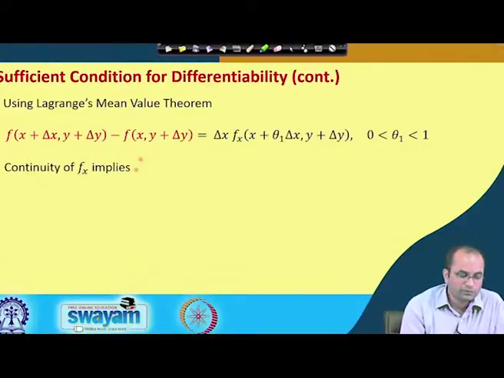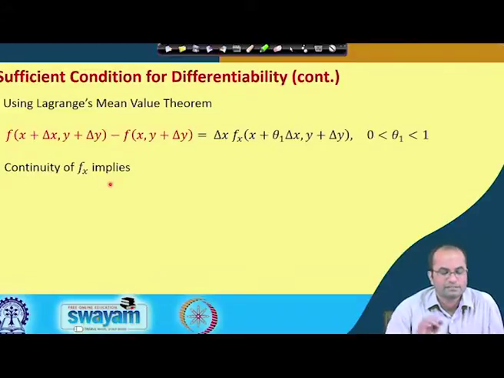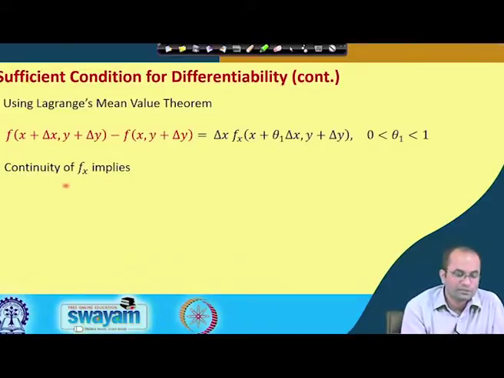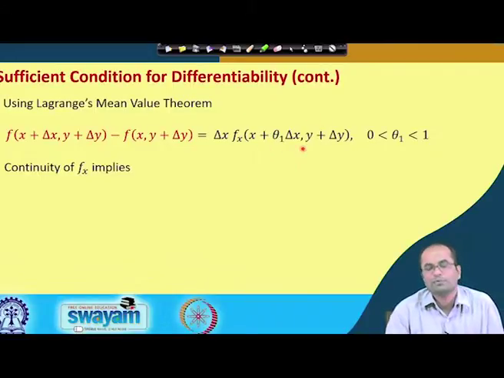And now, because we have assumed the continuity of f_x and the existence of f_y, this continuity of the partial derivative f_x we will apply here. If f_x is continuous and we take the limit as delta x goes to 0 and delta y goes to 0, then f_x(x plus theta 1 delta x, y plus delta y) will simply go to f_x at the point (x, y).